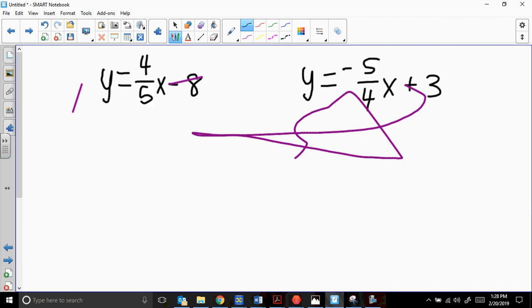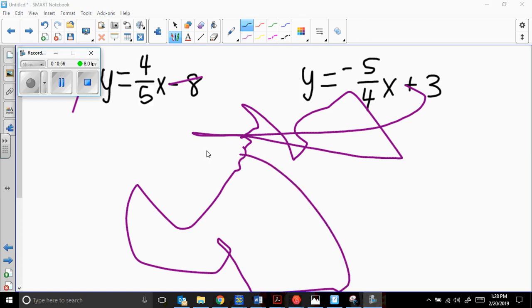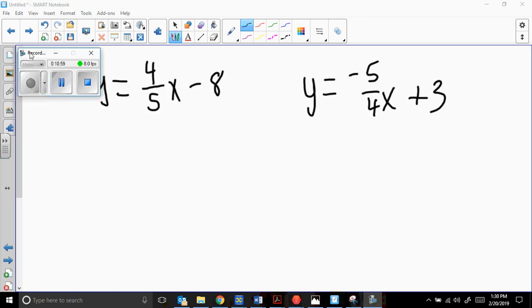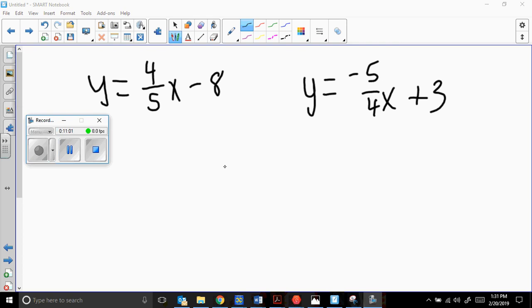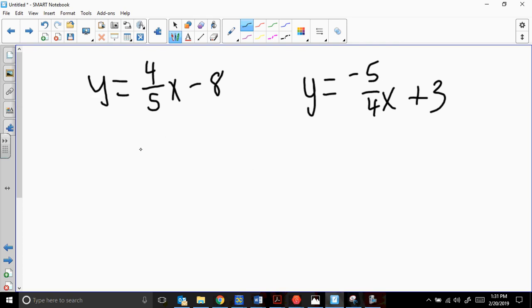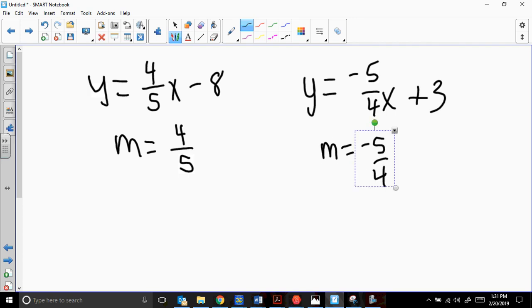What do we need? We need the slope. Now we know that the slope here is 4/5, and the slope on this one is negative 5/4. They're not the same, so they're not parallel, but they are opposite reciprocals, so these are perpendicular to each other.